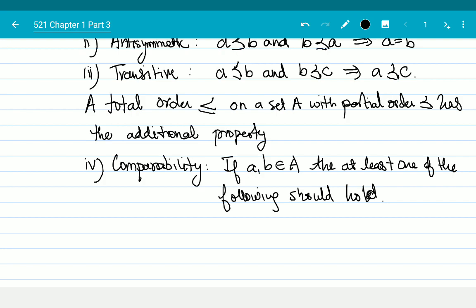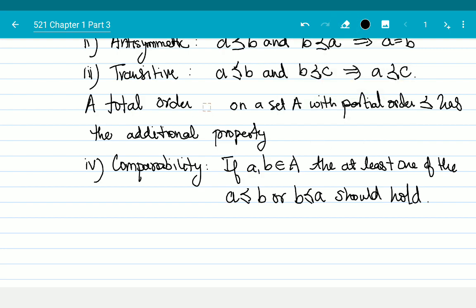And what is the one of the following? At least one of A smaller than or equal to B, or B smaller than or equal to A should hold. Okay.